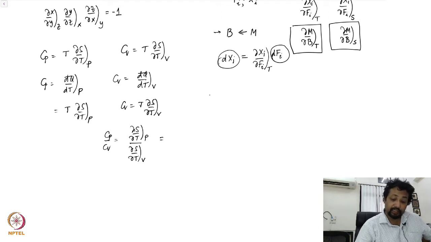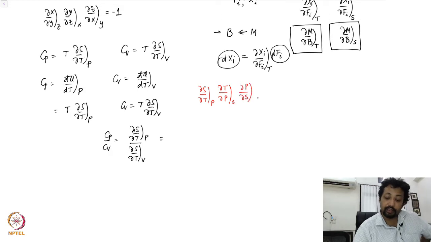That means this gives me (∂S/∂T) at constant pressure, then you have (∂T/∂P) at constant entropy, and then you have (∂P/∂S) at constant temperature, equal to -1.